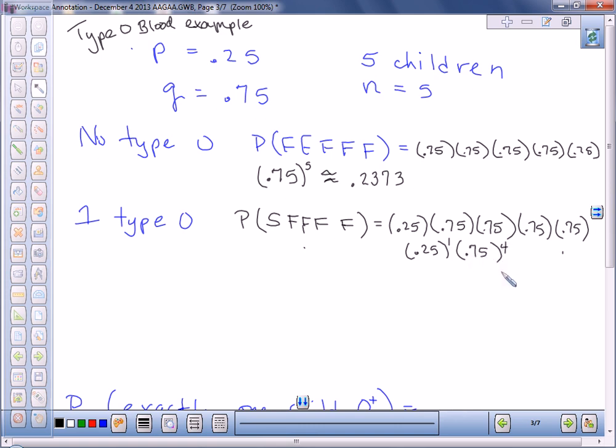Okay, now let's say the first child was a failure, but the second child was a success. Is there any difference? No. Because when I multiply, the order doesn't matter. All I'm doing is switching these two. So once again, I have just 0.25 and then 0.75 to the fourth.